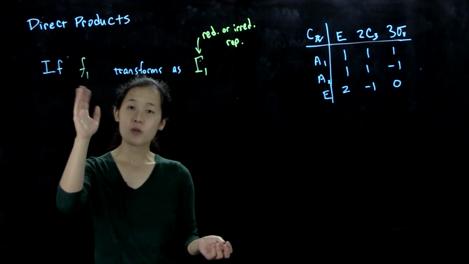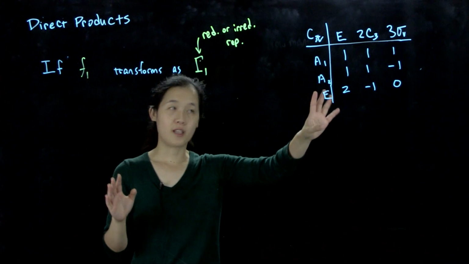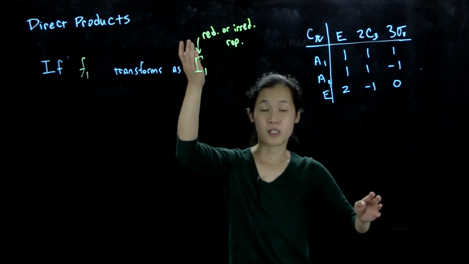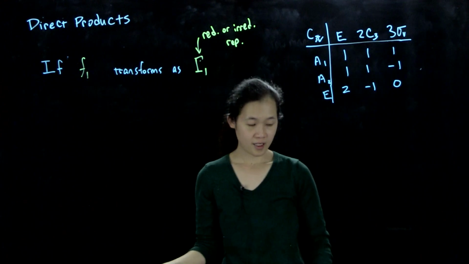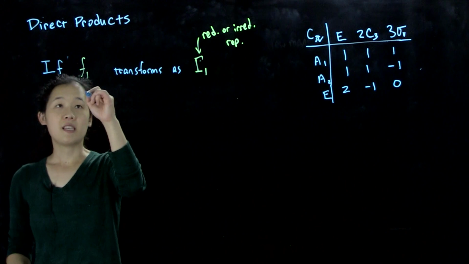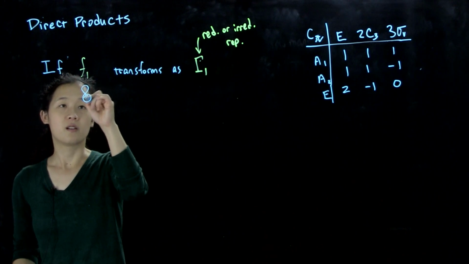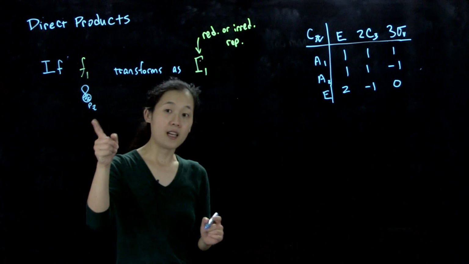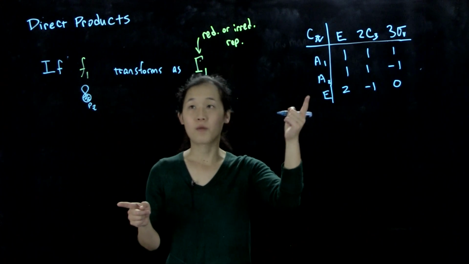Then this will transform, depending on what point group you're in, as a certain irrep, or it could be a reducible representation if it transforms as multiple things. So one example would be if we have, let's say, the pz orbital. So this is pz. This, in C3v, transforms as a1.